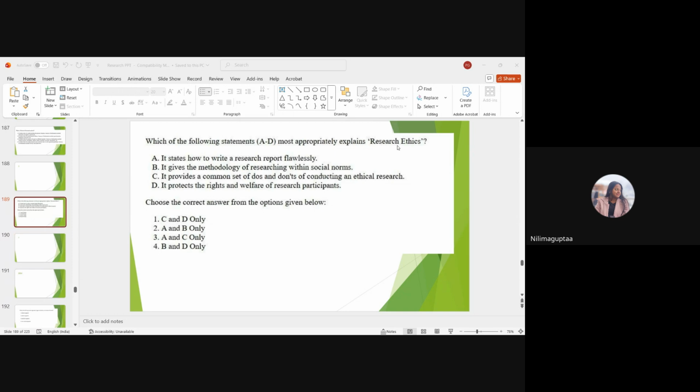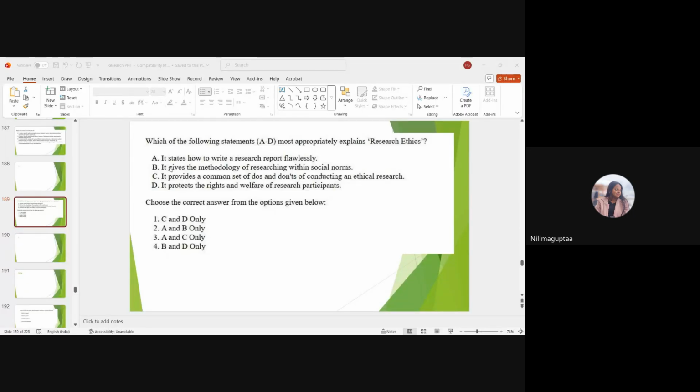We are talking about research ethics, and that means we are talking about ethical behavior. We are not talking about societal. Ethics is a greater term under which we take society also, researcher, participants, and everybody. So two contradictory things are here. So even option B is wrong in that case.